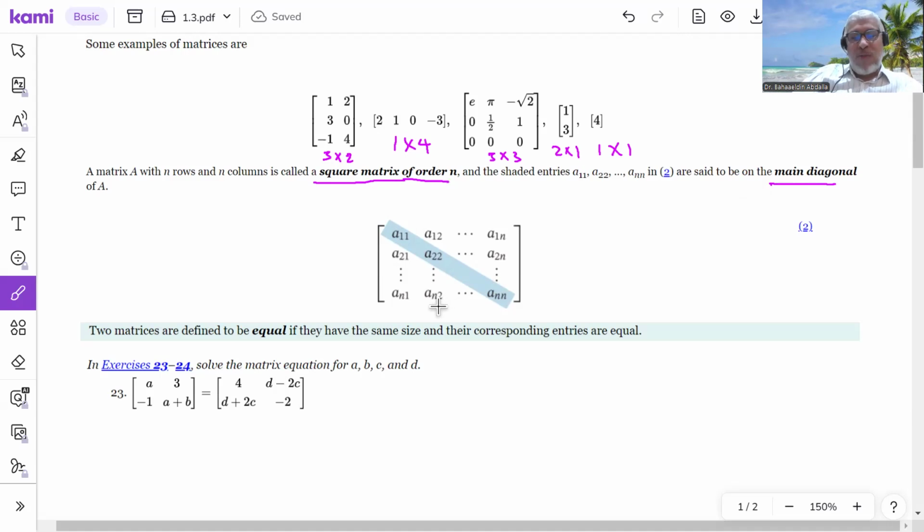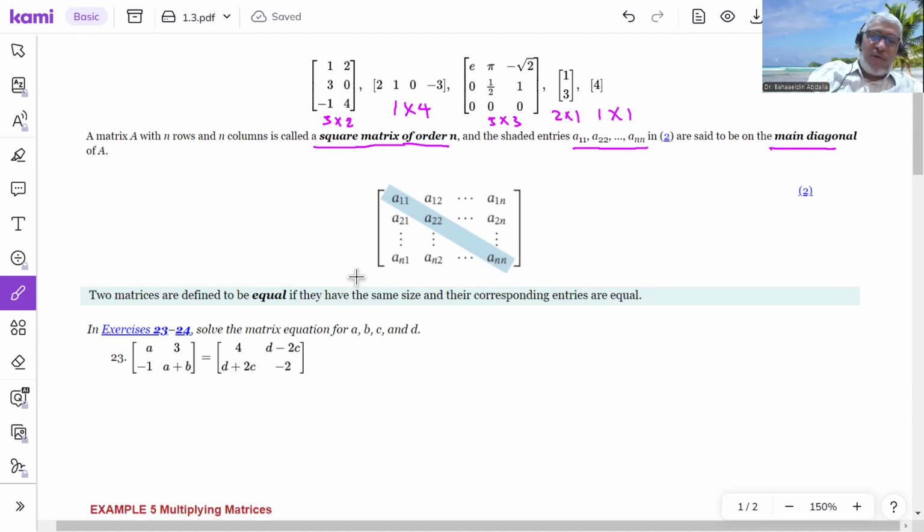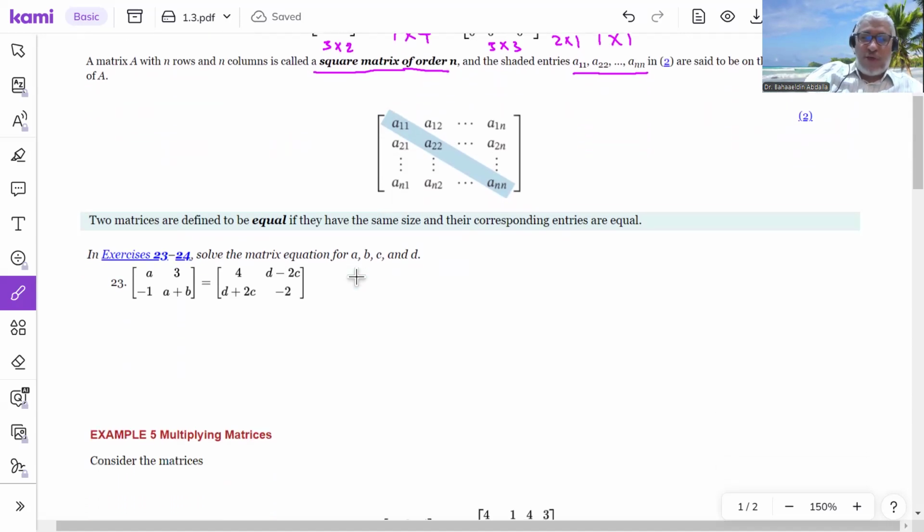AN2 means the entry in the nth row, second column. We can give the entries inside the matrix. We can write them like this: A11, A12, which mention their position. Where is their position in the matrix?